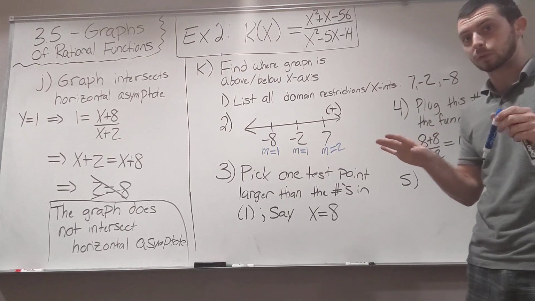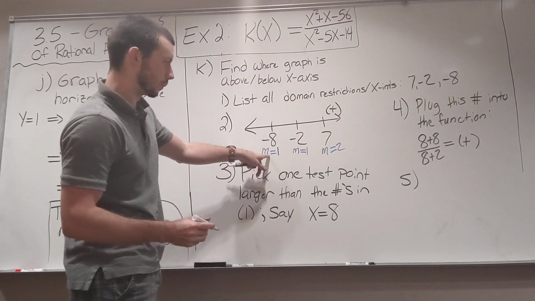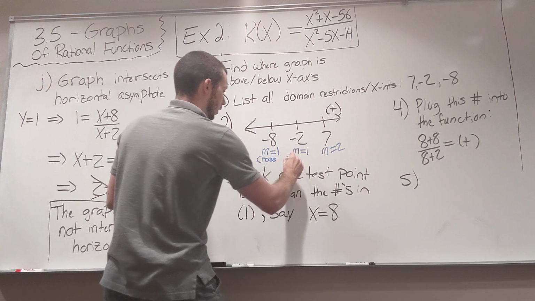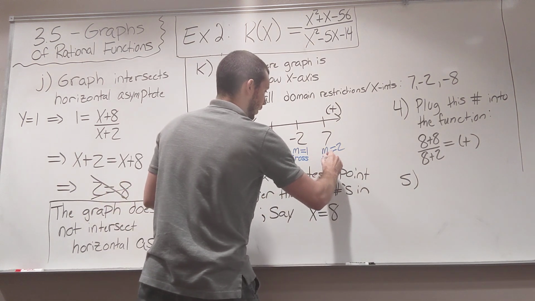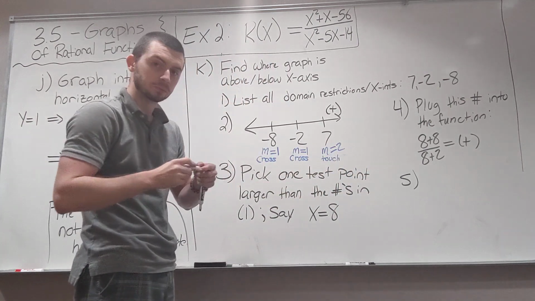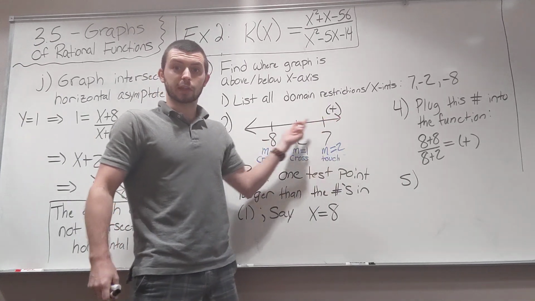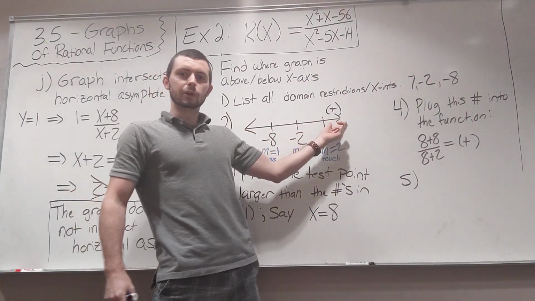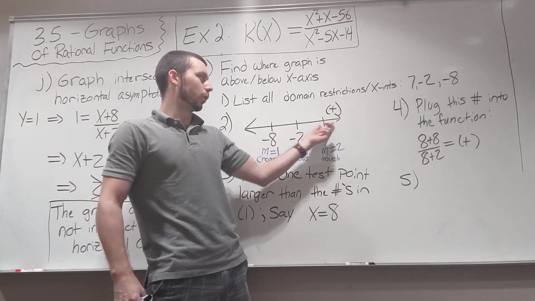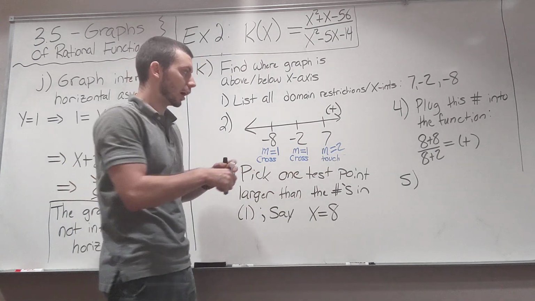Again, you could pick test points. But the reason why this method is convenient is because this tells you crossing, crossing, and touching. So this is crossing, this is crossing, this is touching. And the reason why that's helpful is because if you want to figure out any adjacent segments, we know that this segment's positive. In order to go to this segment, we're crossing over something that's touching, which means that the sign will not alternate.